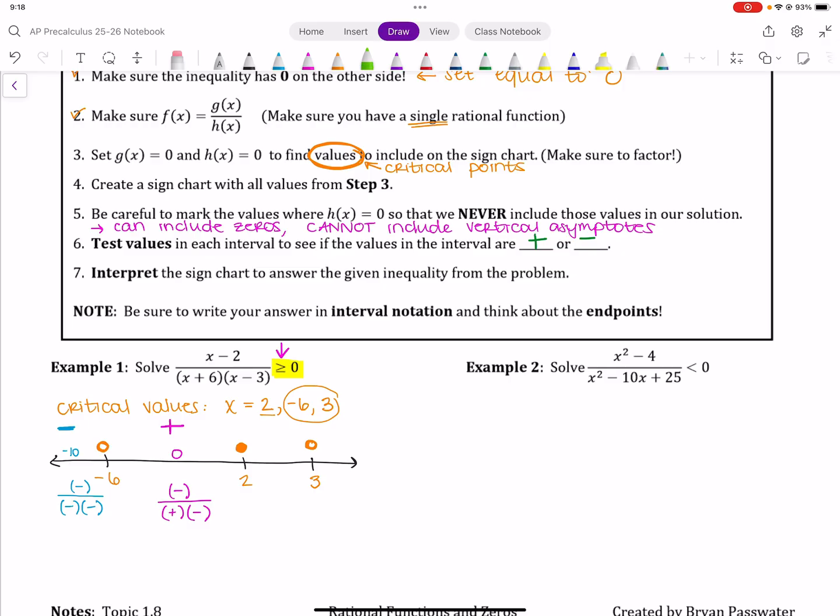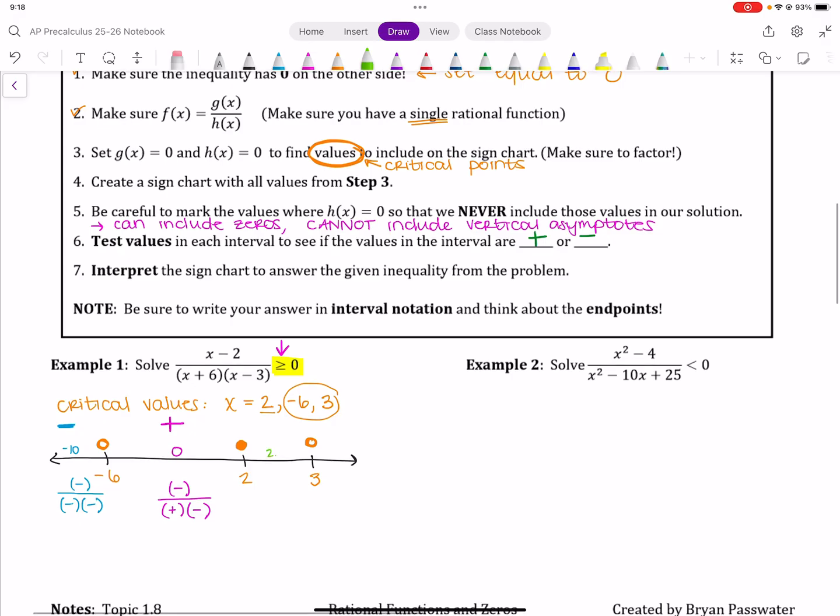So then we keep going and test between 2 and 3, so like 2.5. 2.5 minus 2 will be positive. 2.5 plus 6 will be positive. 2.5 minus 3 will be negative. And since we only have one negative, that interval will be negative.